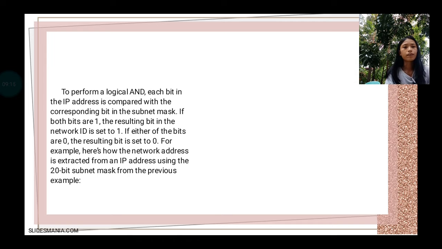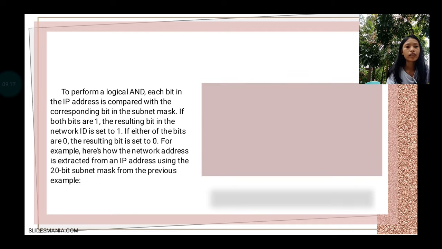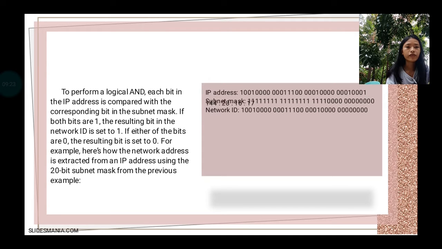For example, here's how the network address is extracted from an IP address using the 20-bit subnet mask from the previous example.